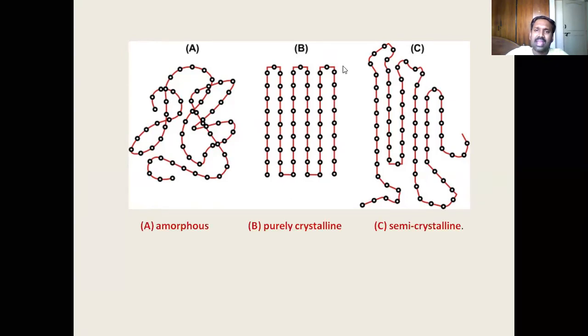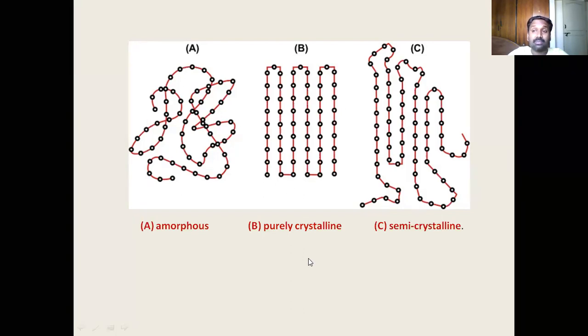But why is the pattern of arrangement of a chain important to us? Because it dictates physical properties. Can you see this? A randomly coiled chain like this is basically amorphous. The polymer material is amorphous, whereas an ordered chain like this is crystalline in nature, and the material is almost in between amorphous and crystalline. So this is semi-crystalline because there is short range order. Whereas there is a long range order here, there is no order at all.